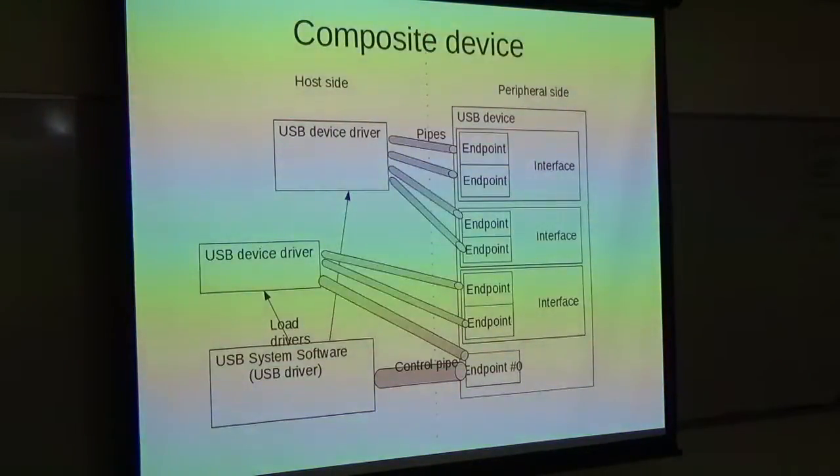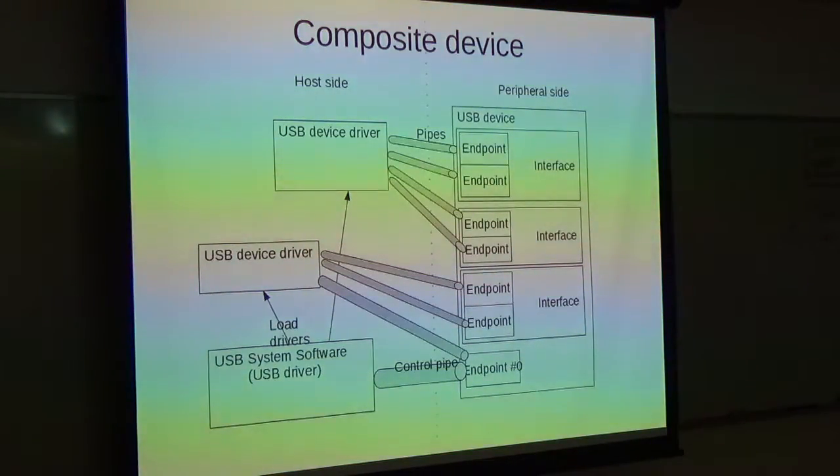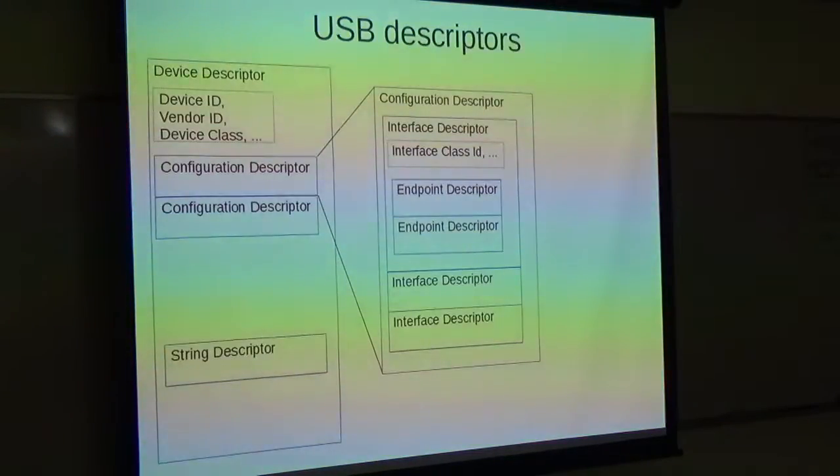Okay, and for a device to show the logical structure like this to the host, the device has data called USB descriptors. Descriptors have a format like this. It has a device descriptor, and there are IDs to identify that device.